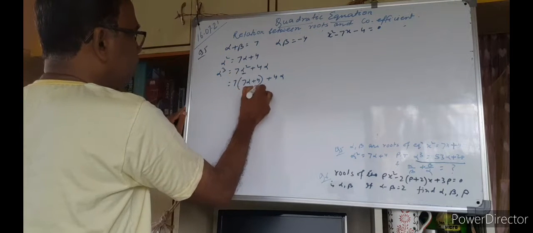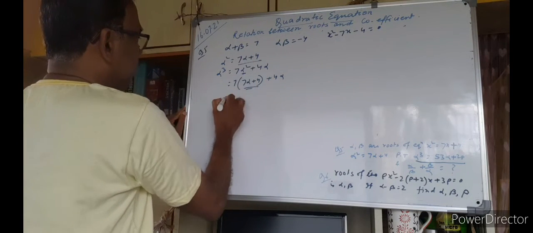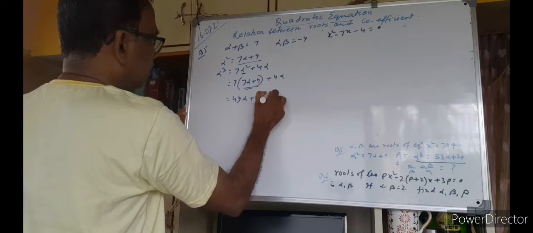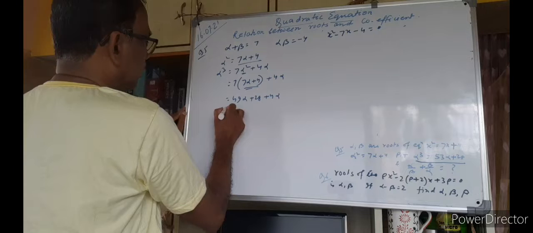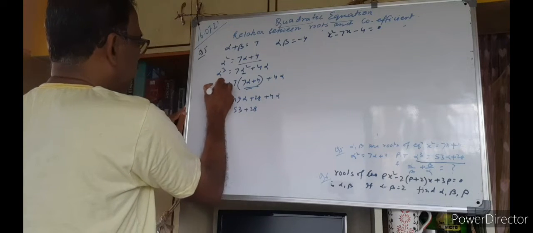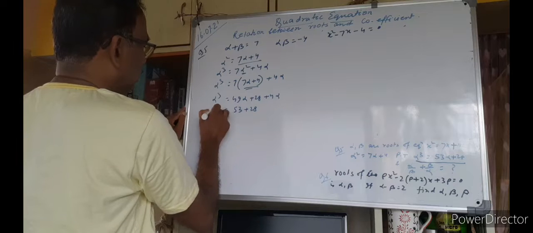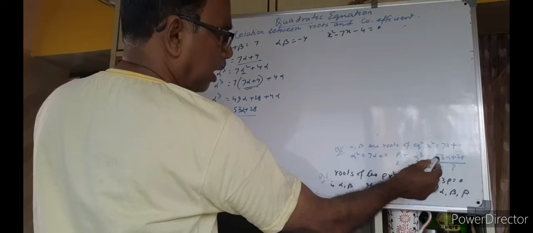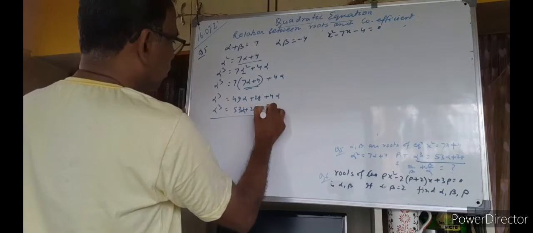Alpha square value, put it here: that is 49 alpha plus 28 plus 4 alpha, that is 53 alpha plus 28.